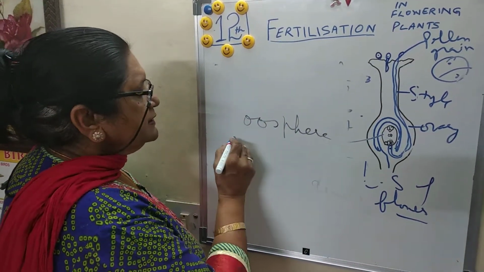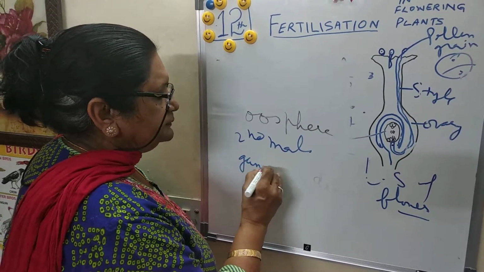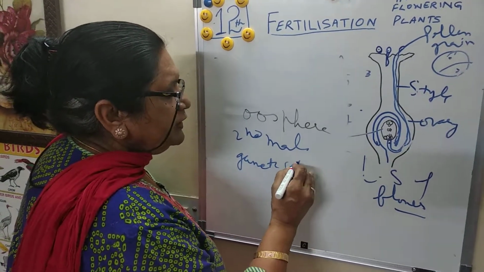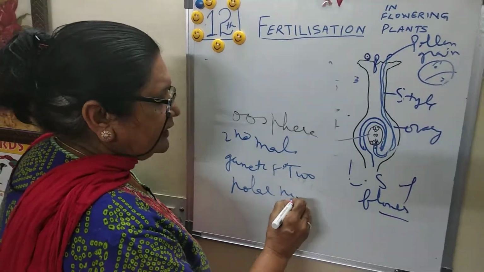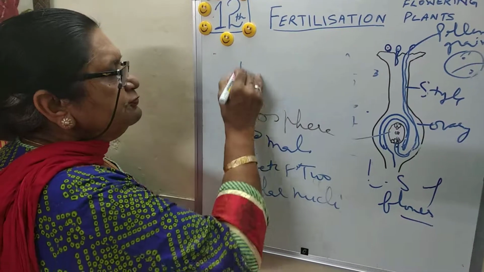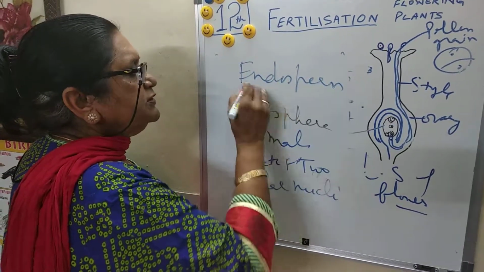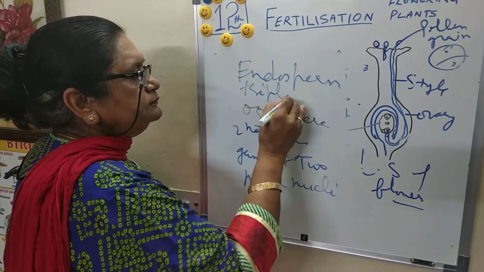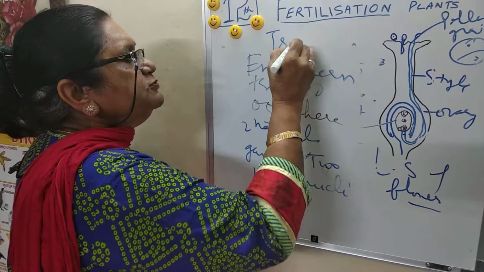The second male gamete fuses with the 2 polar nuclei present in the center to form the structure called endosperm, which is triploid. It is also called triple fusion.